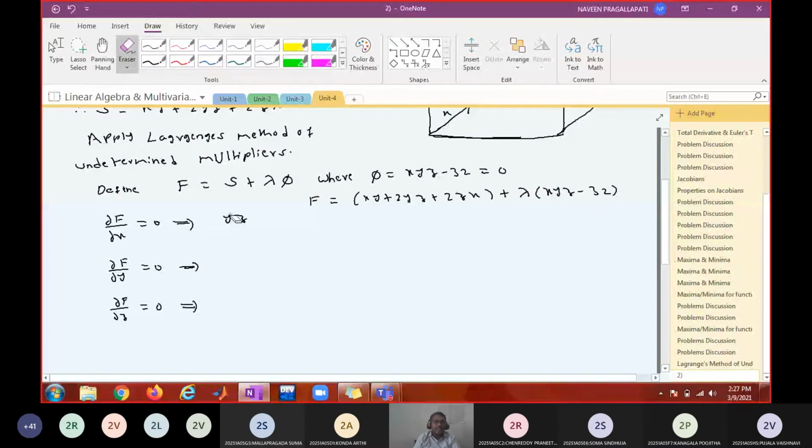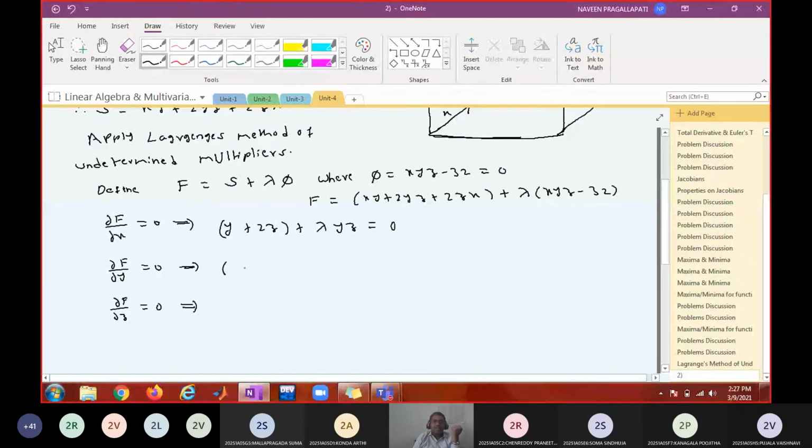So what is dou f by dou x equal to 0? Differentiate with respect to x. Please tell me. y plus 2z plus lambda into yz equal to 0.